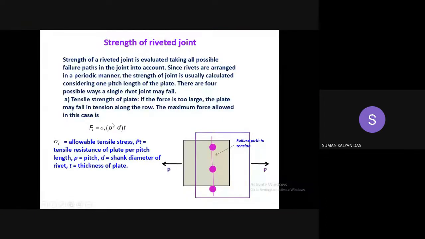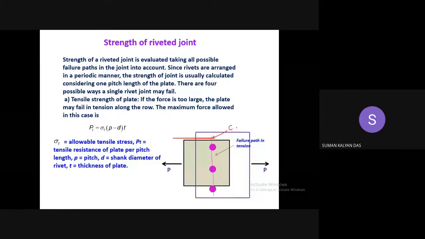Okay, so first mode of failure is a tearing of the plate. So if you have a lap joint like this, obviously this should have been inside, okay, nevertheless, and you have this tensile loading configuration, 3 rivets are there, and since you have made a hole, obviously this is the critical section.